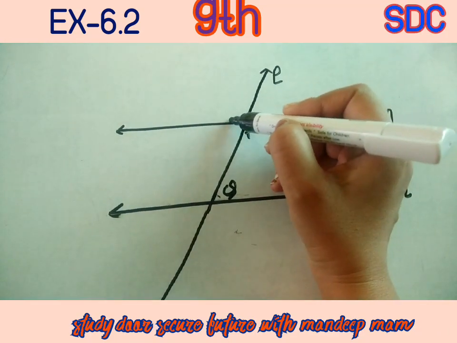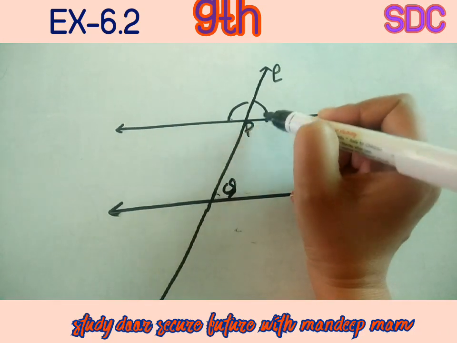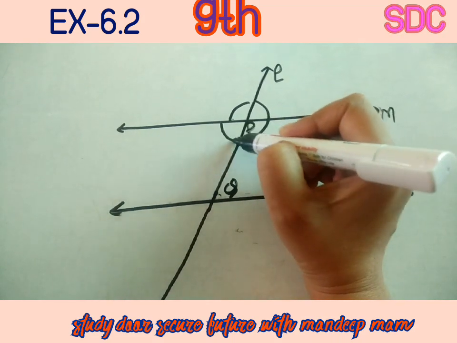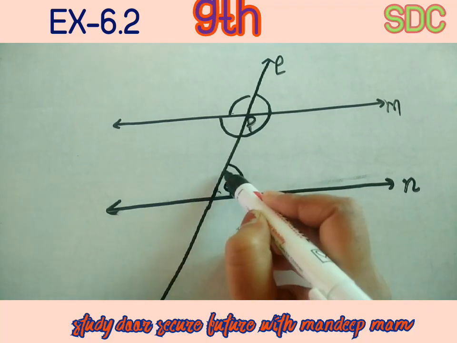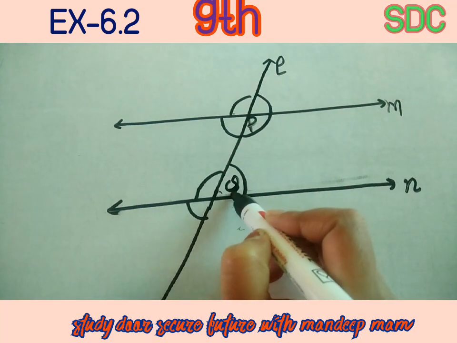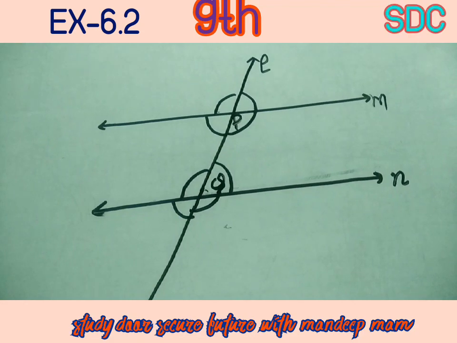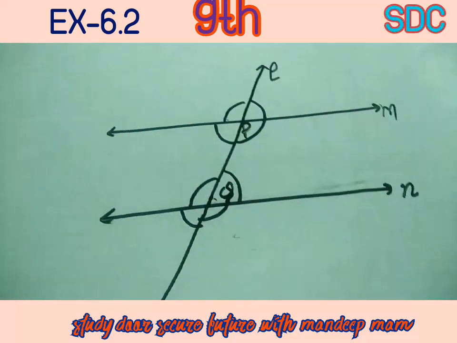Which are the four angles? At point P, we have the first angle, second angle, third angle and fourth angle. At point Q, we also get a first, second, third and fourth angle.